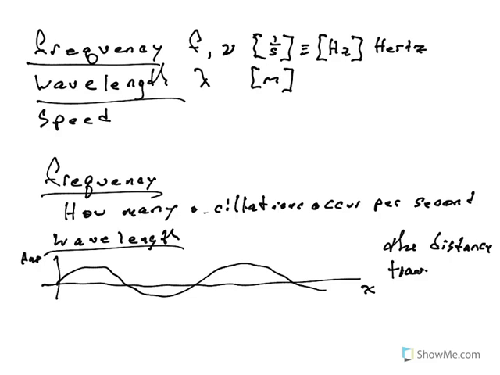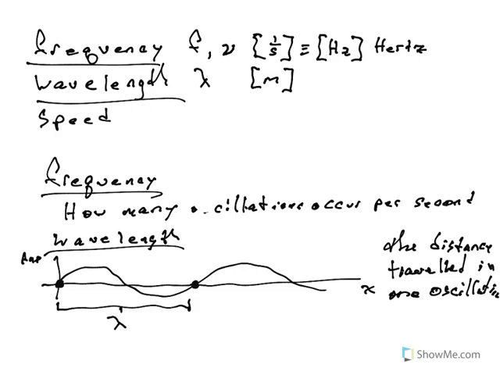Distance traveled in one oscillation. So, for instance, if it starts here, it goes up, down, and back to the beginning again. This distance here, that's one wavelength.